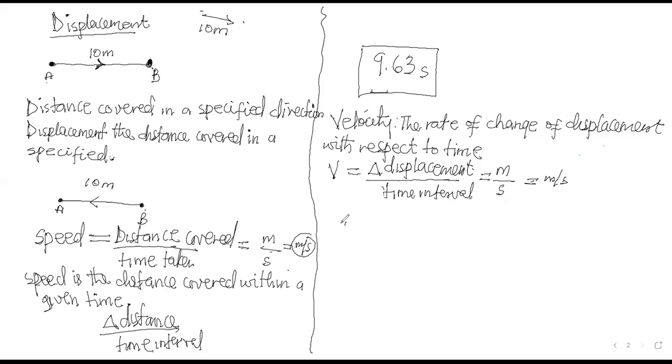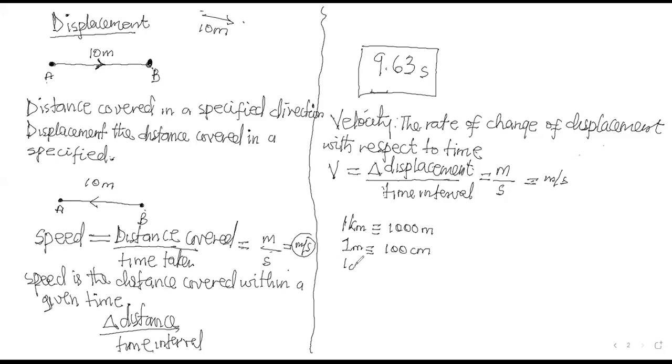In converting distances, I've given you the equivalents: 1 kilometer is equivalent to 1,000 meters, and 1 meter is equivalent to 100 centimeters.